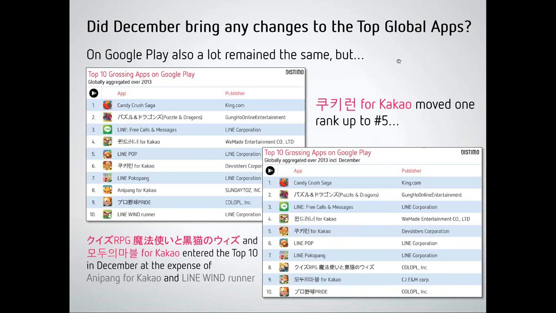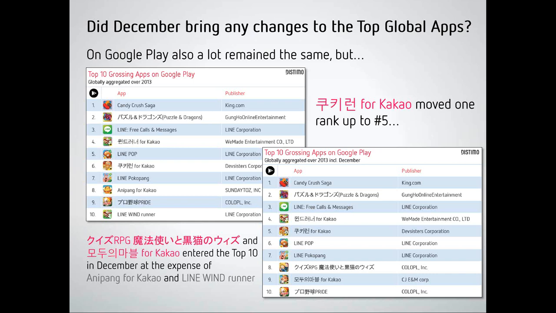Same analysis for Google Play. Here it's even a little bit more interesting actually. We also show the top 10 grossing apps as shown in the report, and again data inclusive December. One of the apps we saw, this Kakao-based app from the Duff Sisters, has this little gingerbread guy.